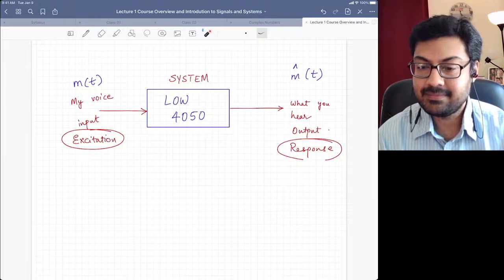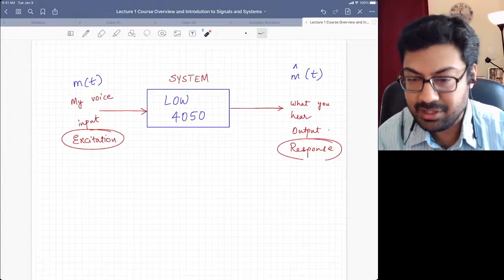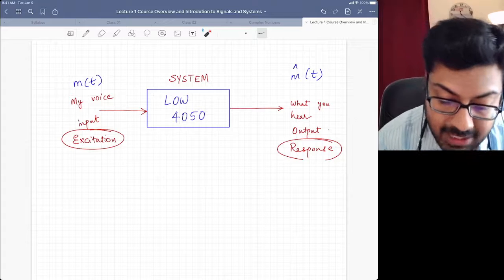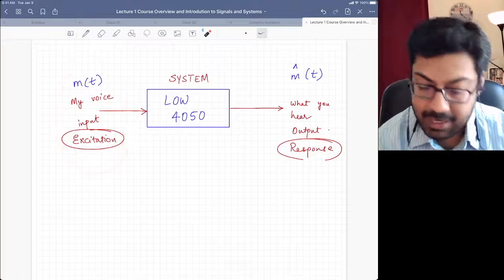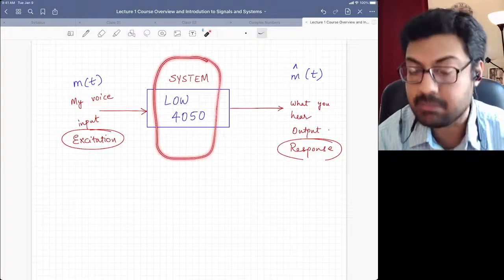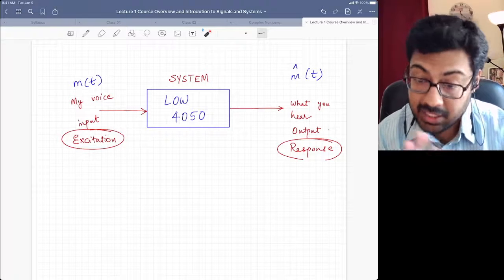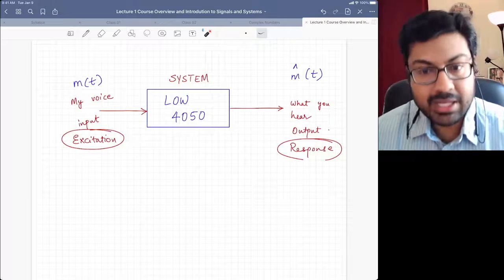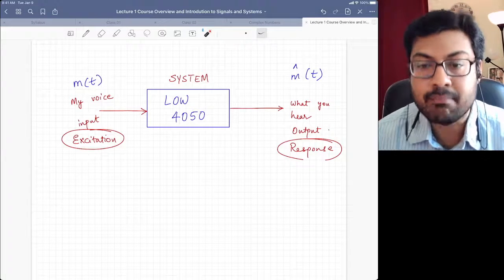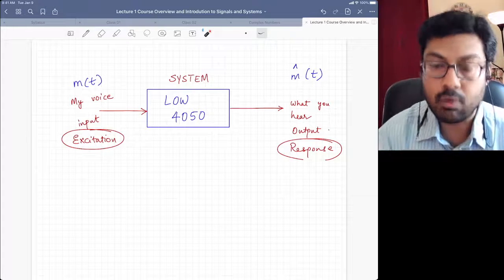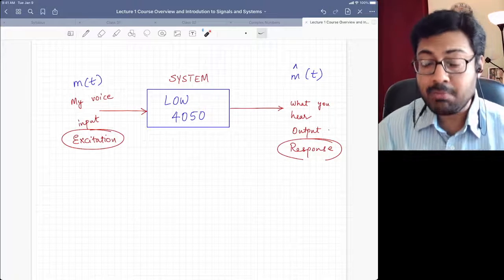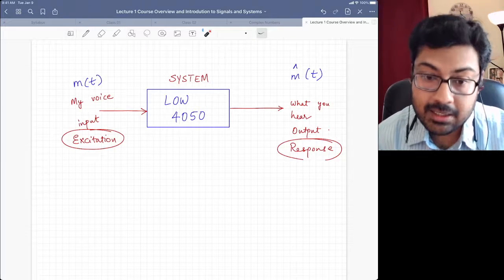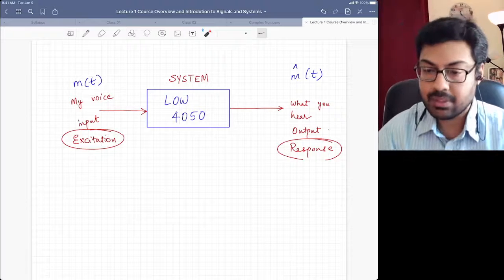Yes, in theory, of course. So if I mathematically characterize my input, and if I mathematically characterize my system, then theoretically, I should be able to find out, without actually hearing what you hear, without actually measuring what you measure, what you hear. I should be able to mathematically characterize even M hat of T.